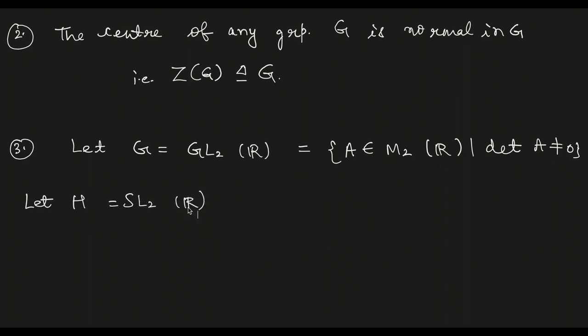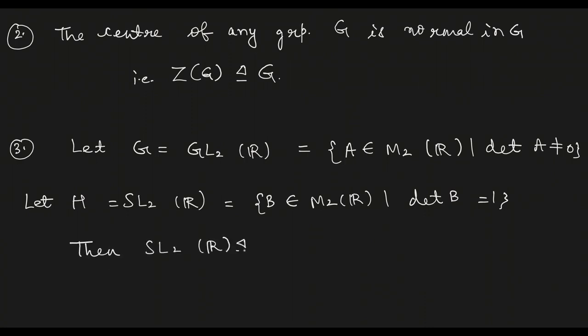I need to show that this special linear group is a normal subgroup of the general linear group. This is equal to A belongs to M2(R) such that determinant of A is 1. Here, let us take B instead of A. Then SL2(R) is a normal subgroup of GL2(R).